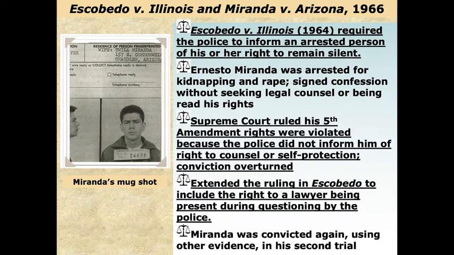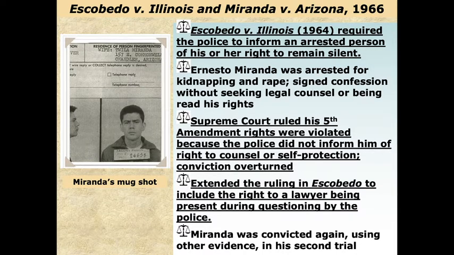And that's why the Supreme Court with Miranda versus Arizona agrees. They agree that Miranda's Fifth Amendment rights were violated because the police didn't even inform him that he had the right to counsel or self-protection, that he didn't have to answer the questions without counsel present. So the conviction is overturned.